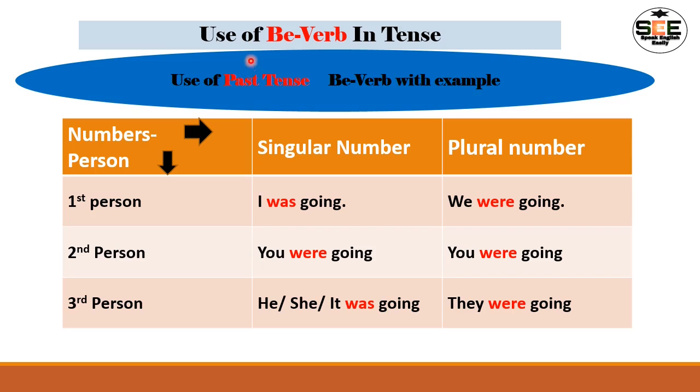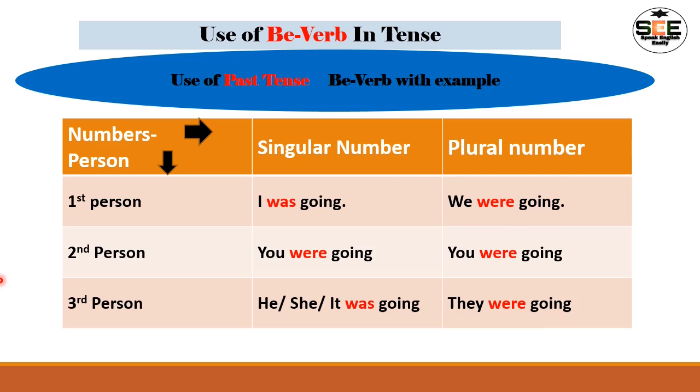Second person in past tense with singular number, it is you were going. Second person in past tense in plural number, you were going. And the last one, third person in past tense, it may be he, she, it was going. And third person in past tense in plural number, it is they were going.